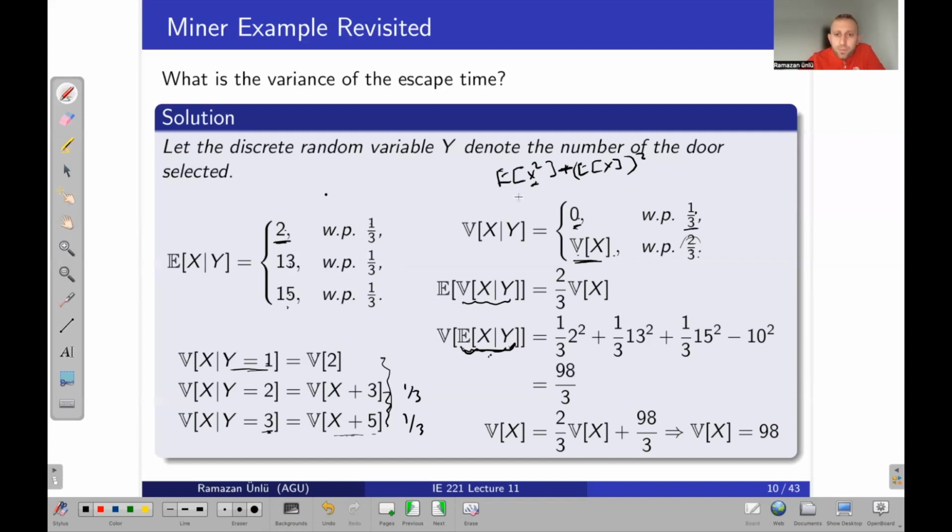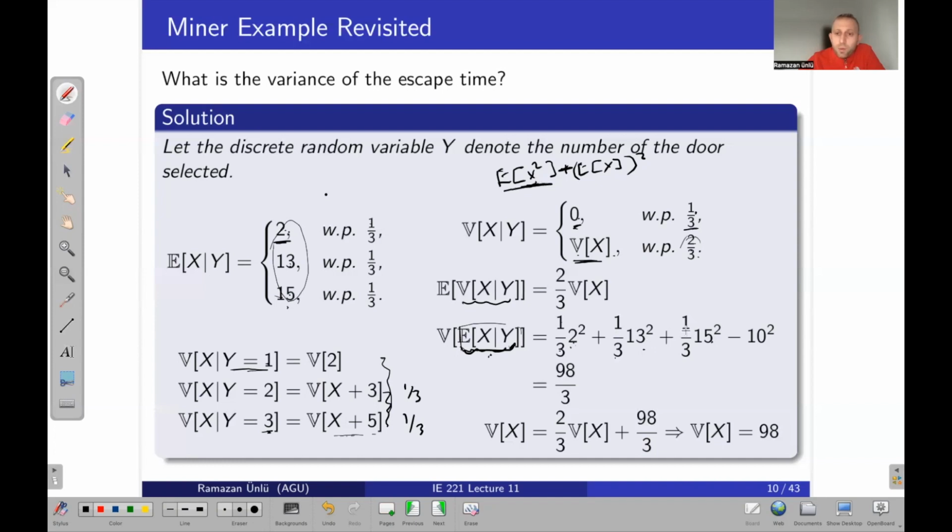And to calculate this one is easy, which is 1/3 times 2 squared plus 1/3 times 13 squared, these 1/3 are the probabilities, and 2, 13, and 15 are the values this guy can take. We know that from here. And I just need to take the square of them to calculate the expected value of x squared.